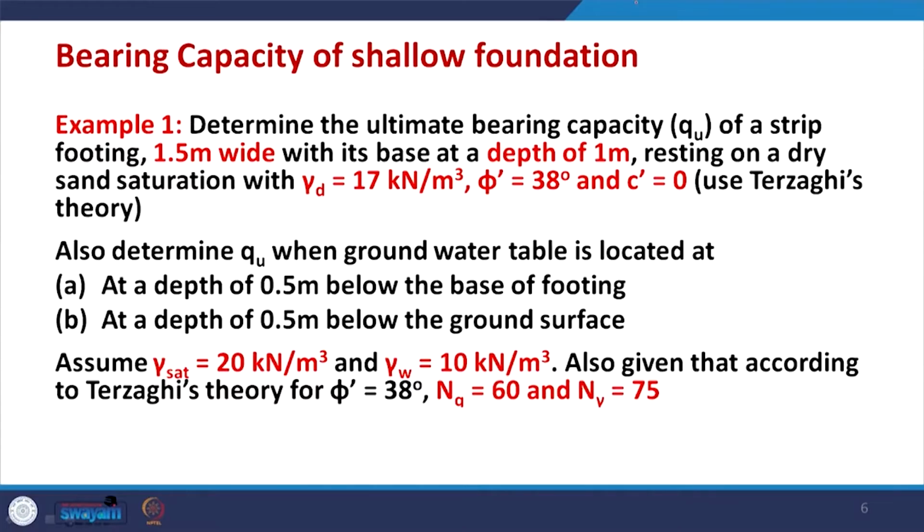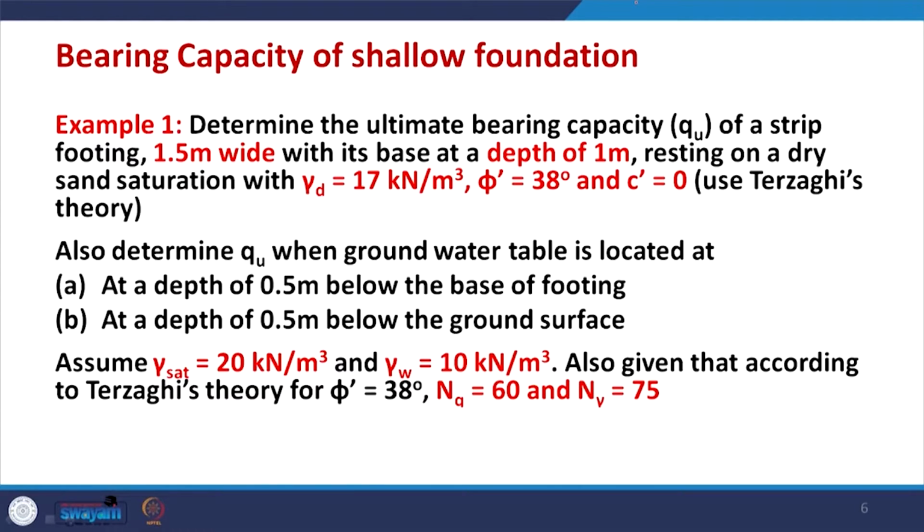what is required is to determine the ultimate bearing capacity of a strip footing, which is 1.5 meter wide and its depth is 1 meter. So, that means the width of the footing is more than the depth of the footing.